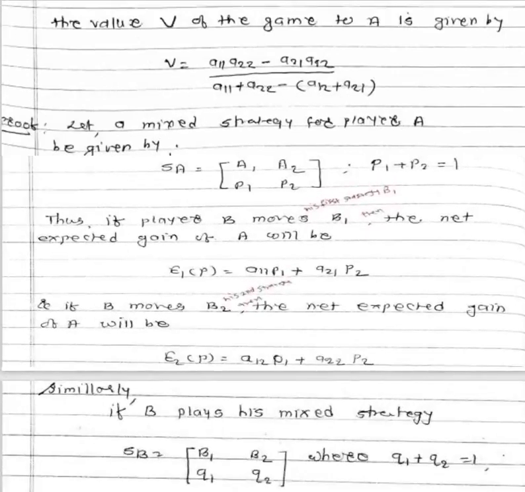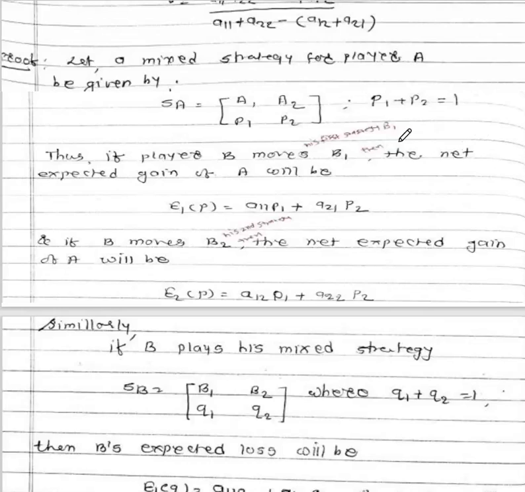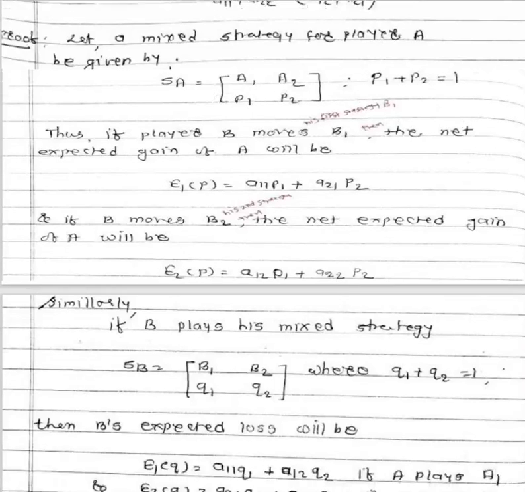What is given? We are given mixed strategies for player A. The strategy for player A is A1, A2 with probabilities p1, p2, where p1 plus p2 equal to 1.